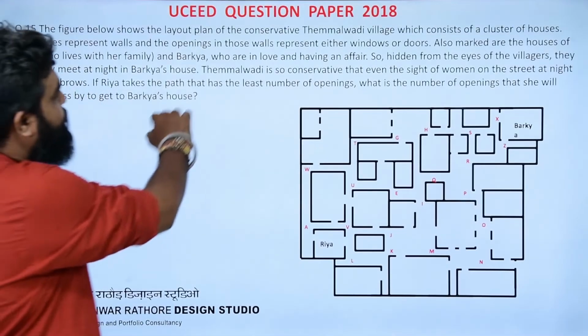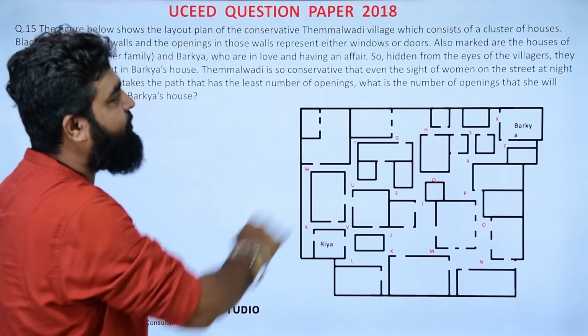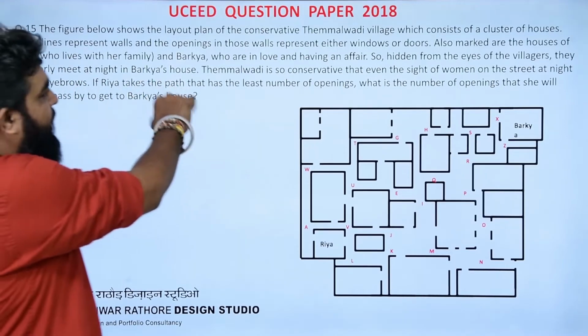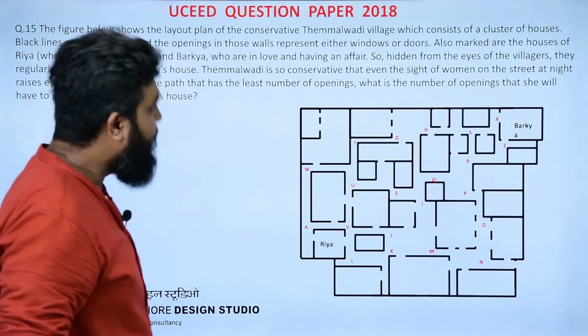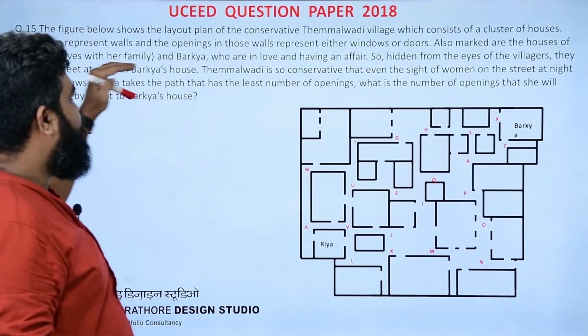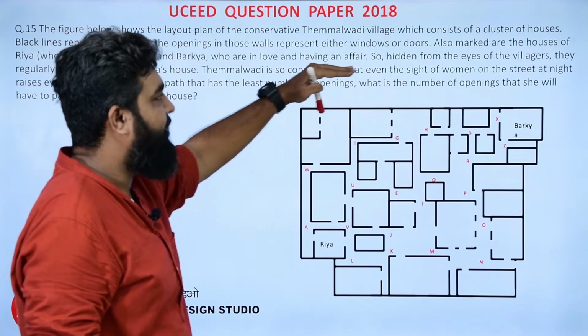The figure below shows the layout plan of the conservative Themalwadi village, which consists of a cluster of houses. Black lines represent the walls and the openings in those walls represent either windows or doors. Also marked are the houses of Ria, who lives with her family, and Barkya, who are in love and having an affair.